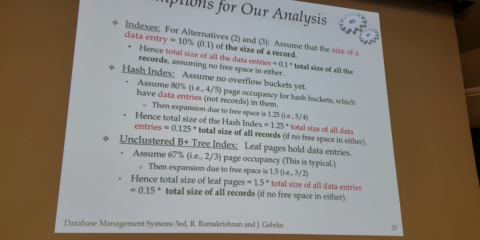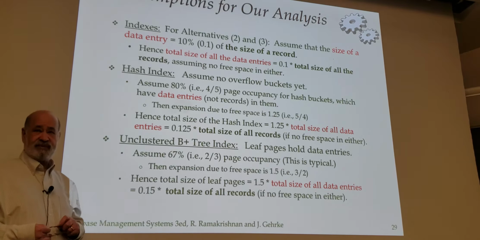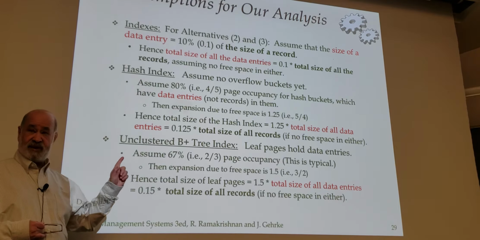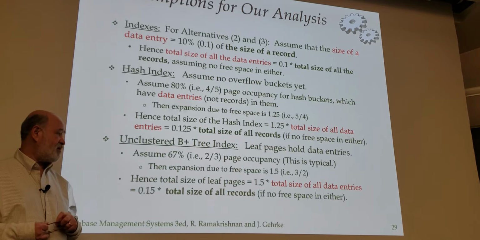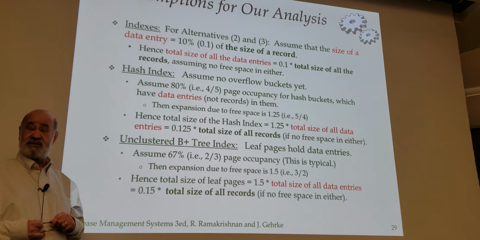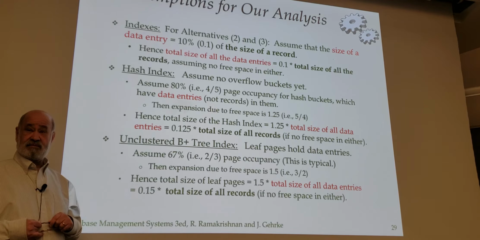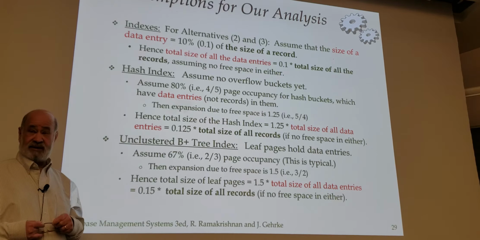Okay? So the total size of the leaf pages is 1.5 times the total size of the data entries if there were no free space, because it's only 2/3 full. Inverse of 2/3 is 3/2, that's where the 1.5 comes from.